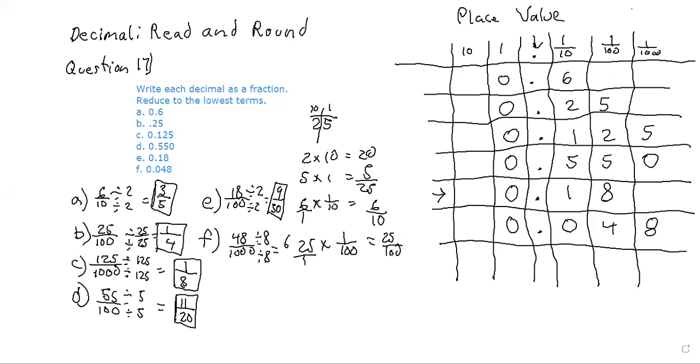Well, let me double check that one second. Yep. So 6 over 125. And that's how we do that.